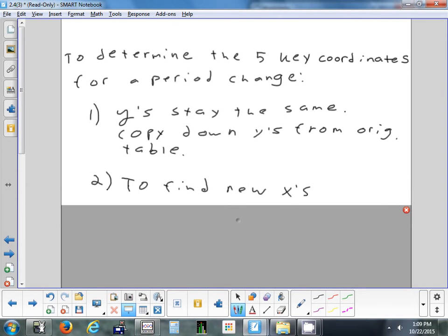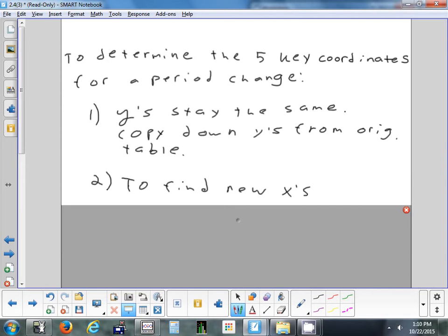All right. Now to find the new x's. All right. Where do we start? We're talking about sine. What's the first x value for sine? 0. What's the first x value for cosine? Not y. Oh. X. 0. Okay, they're both 0.